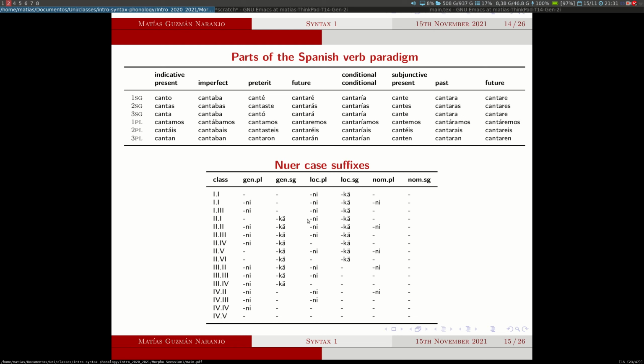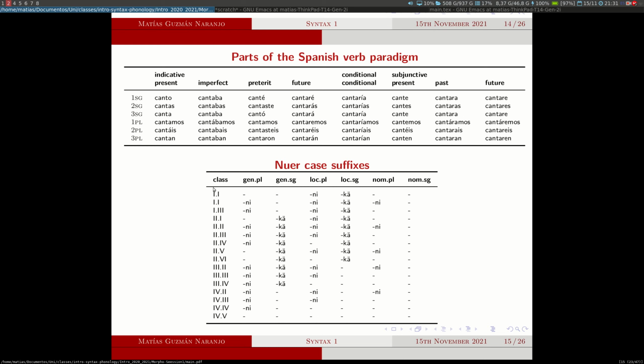And here's a different paradigm. This is a very famous language spoken in Africa. But the point here is we have a lot of classes, right?